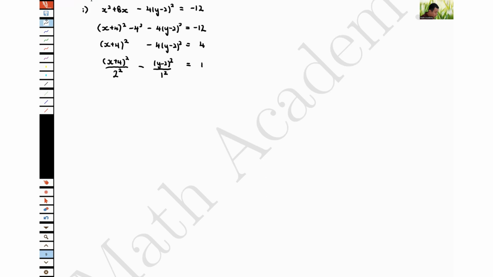First thing to do before you sketch it is you get the asymptotes. A hyperbola will have 2 asymptotes. We have to find that first, and we recall the concept. You want to remove the squares, you want to remove the 1.